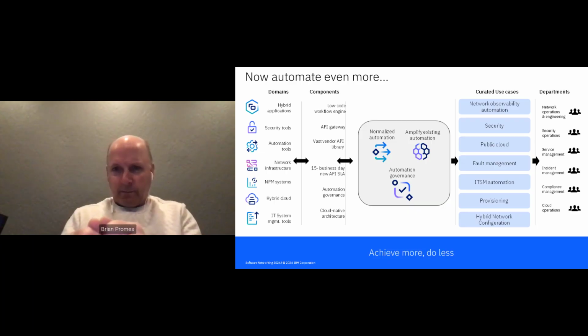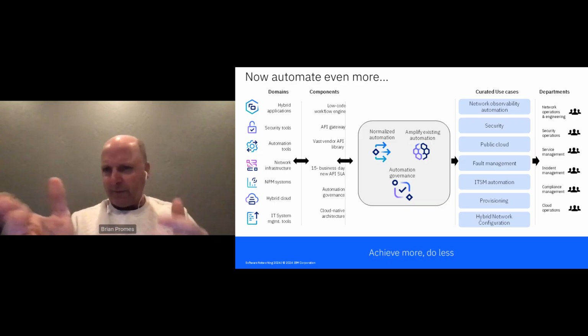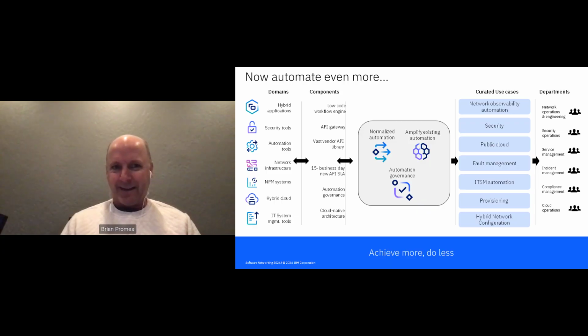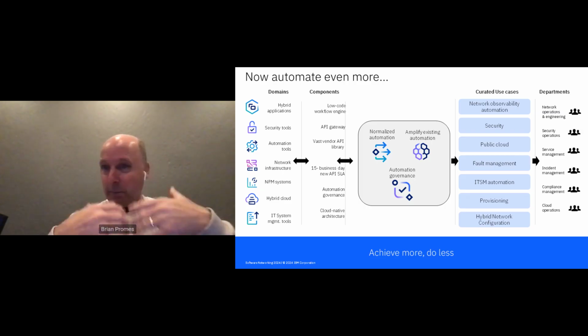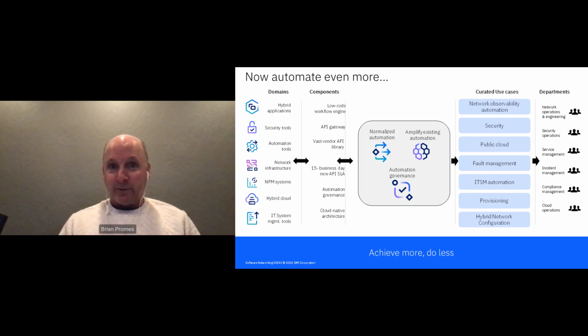What Raul and I have been talking about the last 15 minutes or so has just been about the network infrastructure and the NPM systems, and how to use a low-code automation system, API gateways, and a range of automation features to drive normalization, leverage automation, and provide that level of governance just for network observability automation.